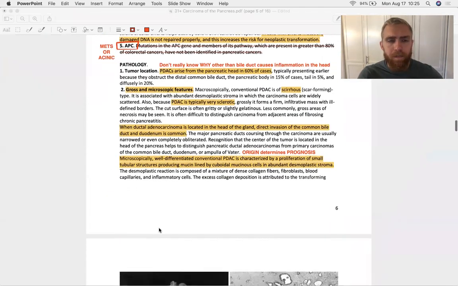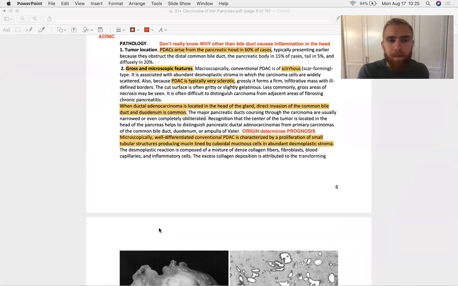Here we go. So as we talked about, ductal adenocarcinomas, majority of them pop up in the pancreatic head, probably has something to do with increased incidence of bile stones there in the head. Grossly, you're looking at a gross tumor, the only way to say it. It's serous, it's got scar tissue, it's sclerotic and dense and thick.